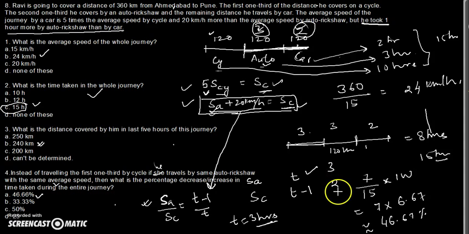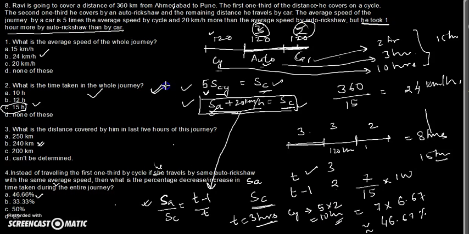And since the speed of the car is 5 times the speed of the cycle, the car will take 1/5 of the time which the cycle would take. If the car takes 2 hours, obviously the cycle will take 10 hours, 5 times 2. So from here we got the time and we solved the second question.